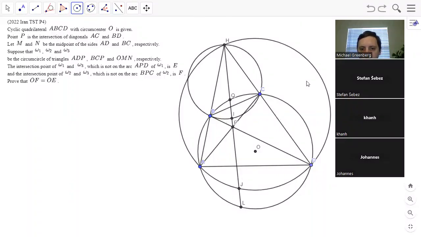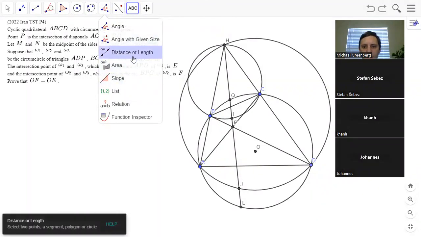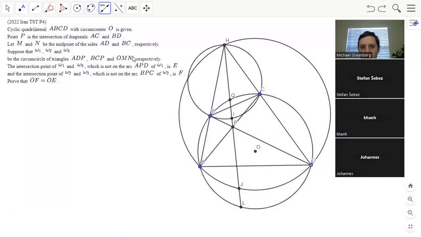Is OIQ congruent to OJL? It must be if the problem were true. An equivalent thing to prove is that IQ is JL. So I and J, we want to show they have the same power with respect to this circle.